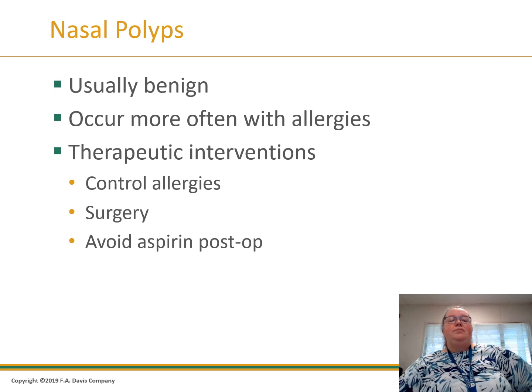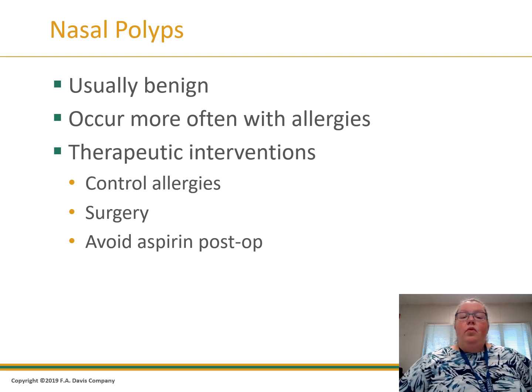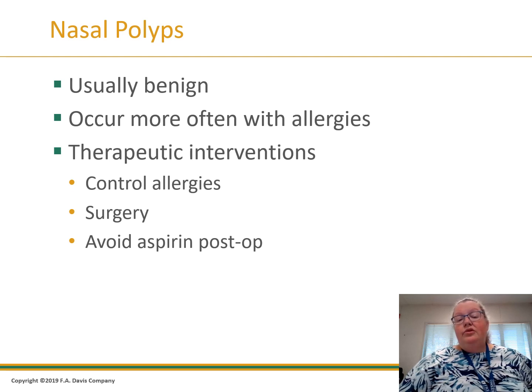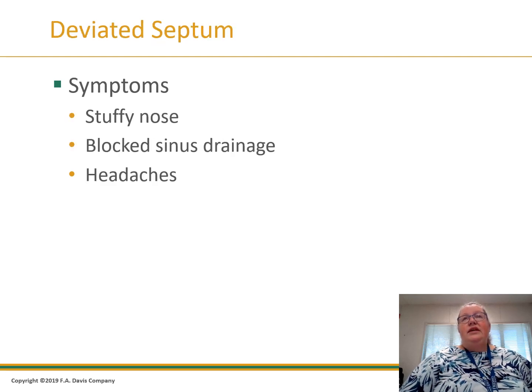Nasal polyps are usually benign. They occur more often with allergies, and the therapeutic intervention is to control the allergies. Surgery may be recommended if they are too big and they're blocking airways. And we want to avoid any aspirin post-op because that could lead to bleeding. Our deviated septum often happens from having a broken nose.